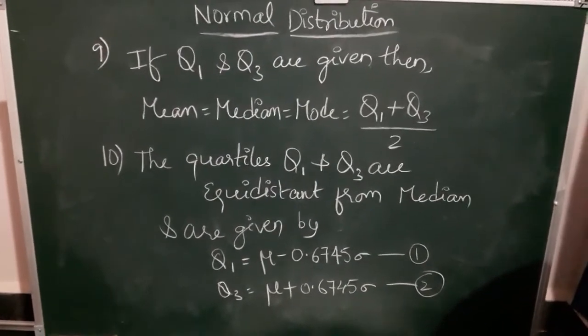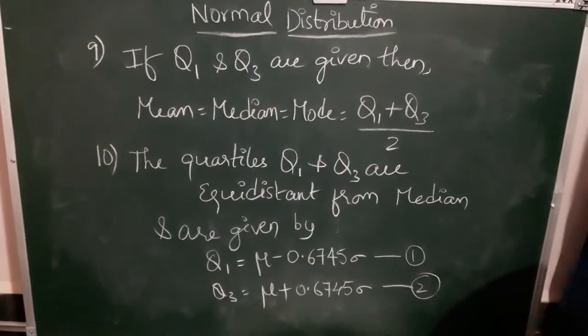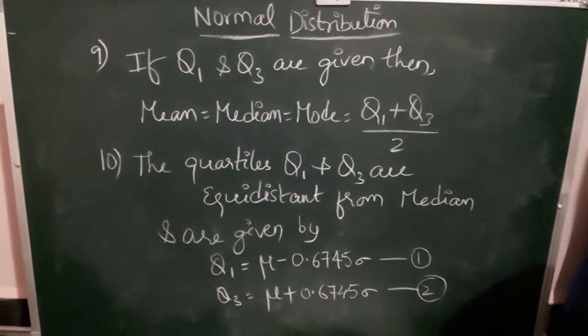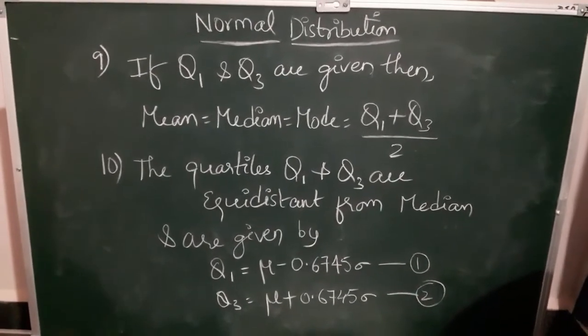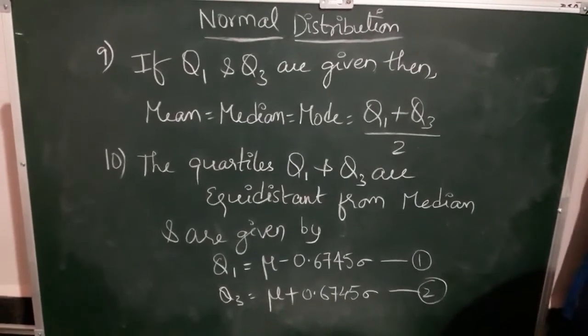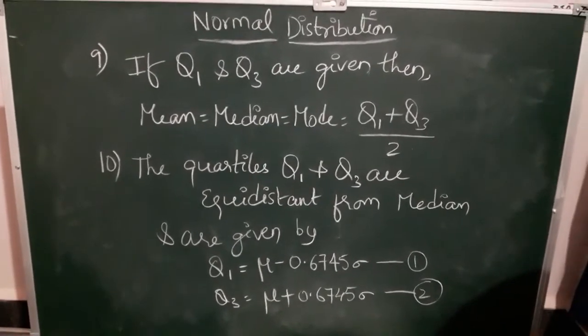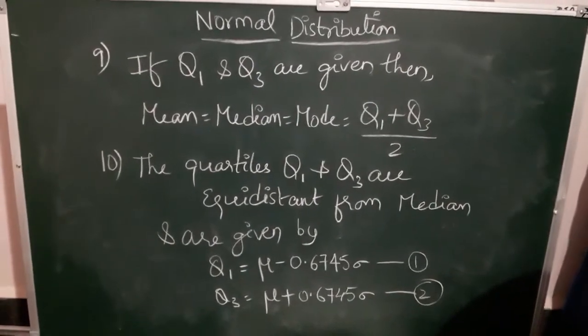Now what are they given by? Q1 is mu minus 0.6745 sigma. Sir, what is this value 0.6745 sigma? Students, do you remember the quartile deviation formula I gave as property number 5?